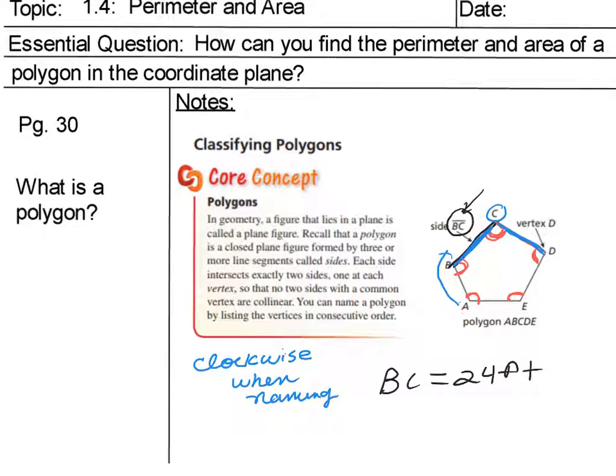And you can see that they did that, A, B, C, D, E. When we start looking at rotations and transformations on the coordinate plane, you'll know that that order does matter. It does affect those sorts of transformations.